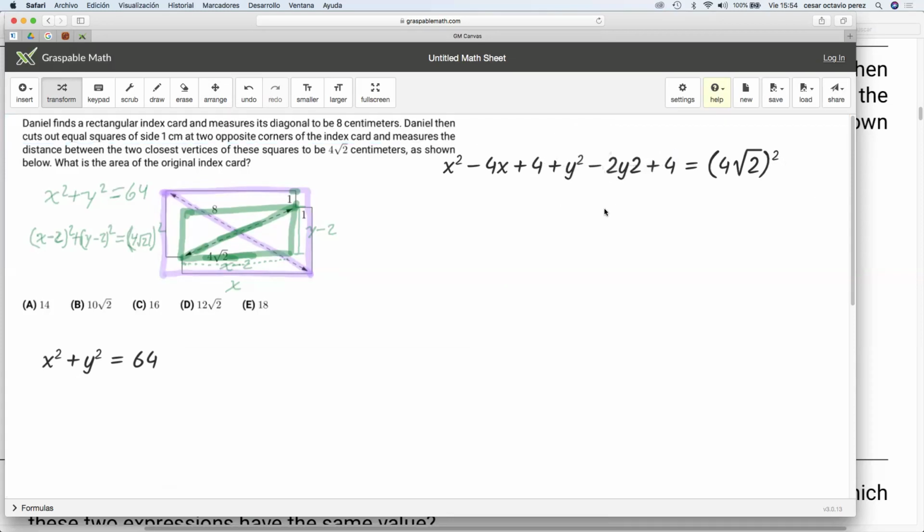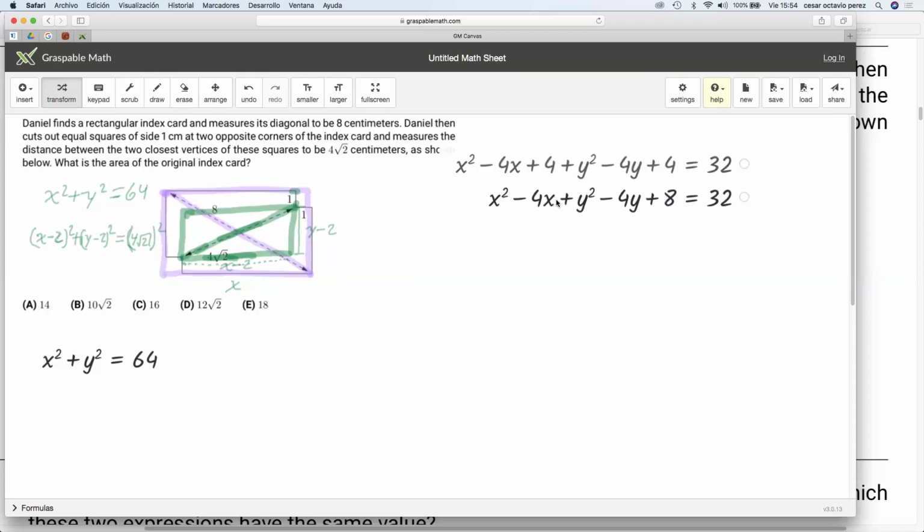And this one? 32. You could simplify to 8 plus x squared plus y squared minus 4x minus 4y. So we can subtract this, and we will get 24.